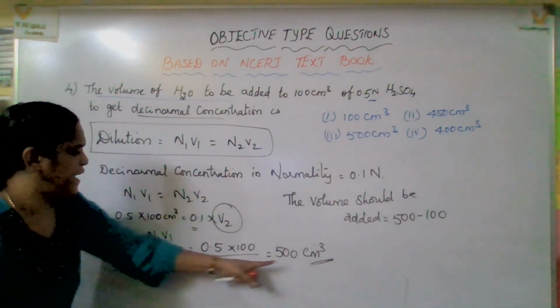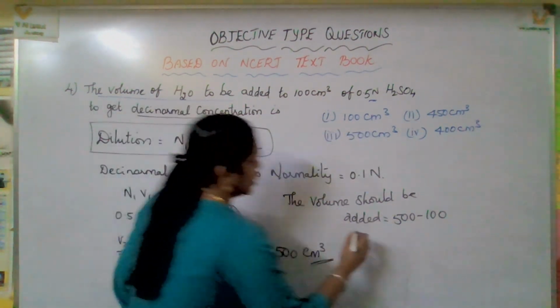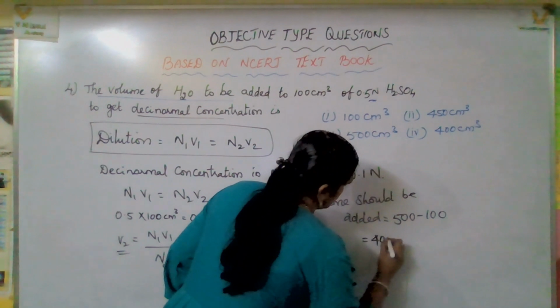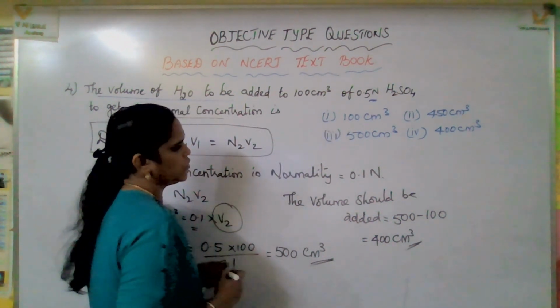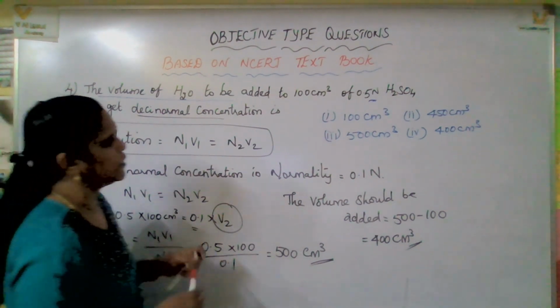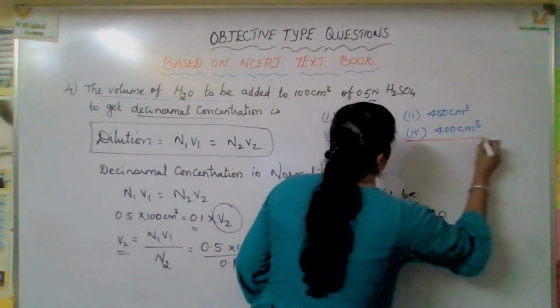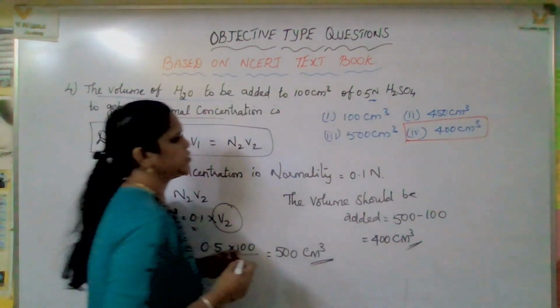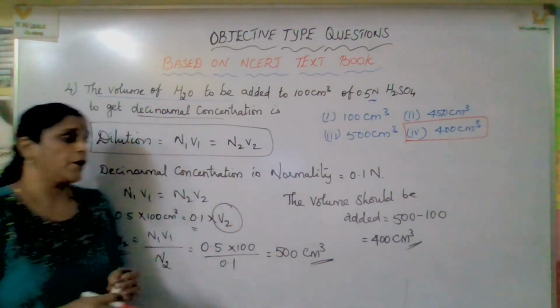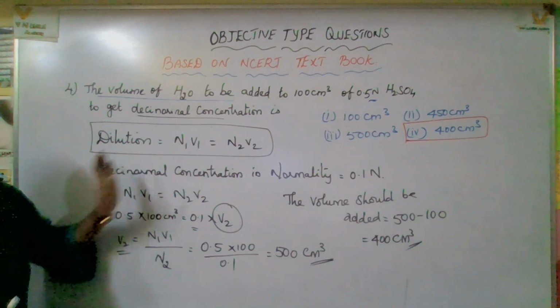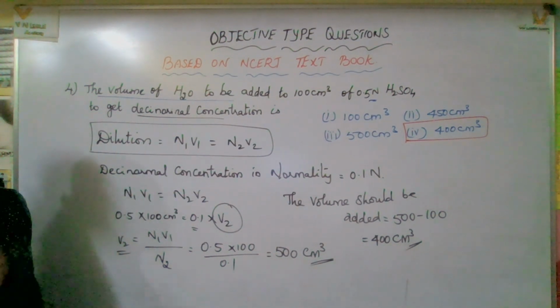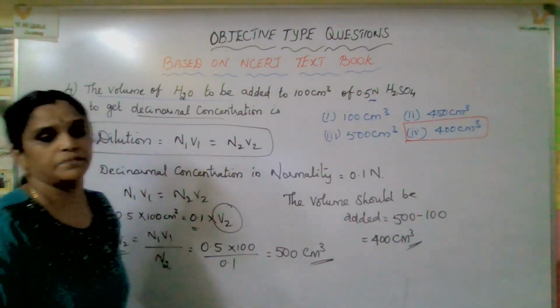You will get 400 cm³. So which option will you provide? 400 cm³, that is option 4. I hope you got a clear idea about this question and the related concept. Fine. Let us go for another question.